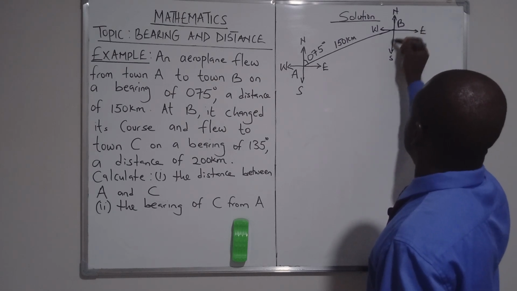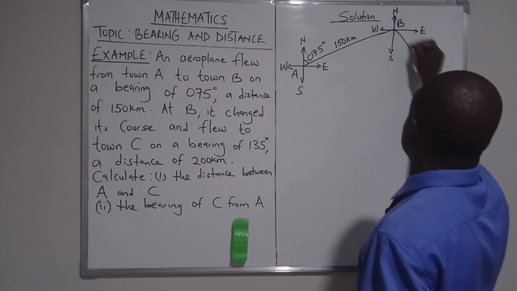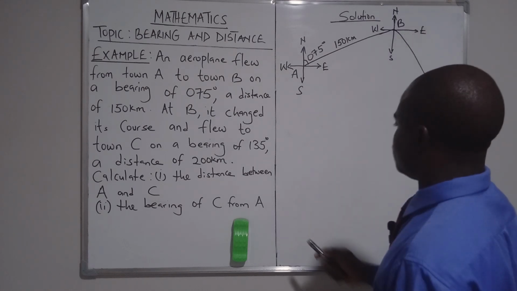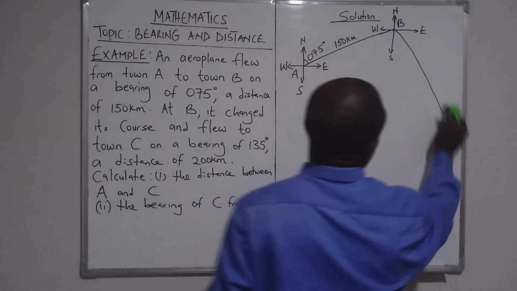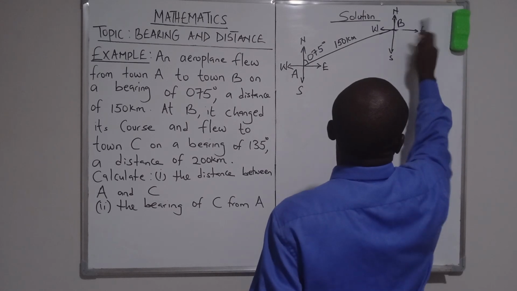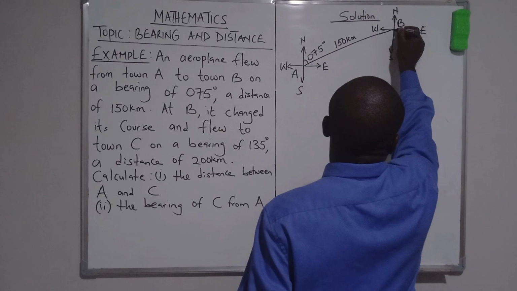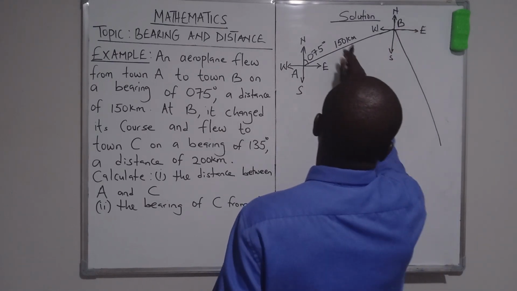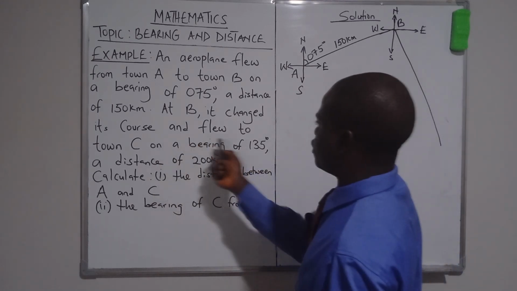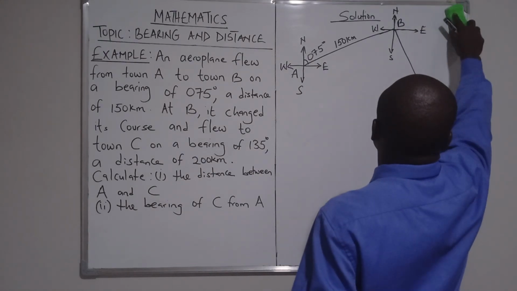From north to south is 180. Assume this one to be 135 degrees. Let it be longer than this line because the distance is 200 kilometers.